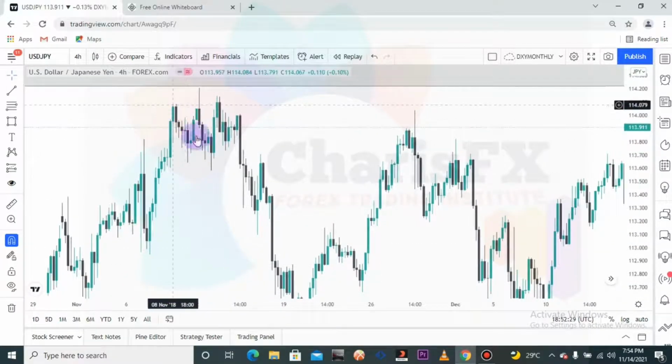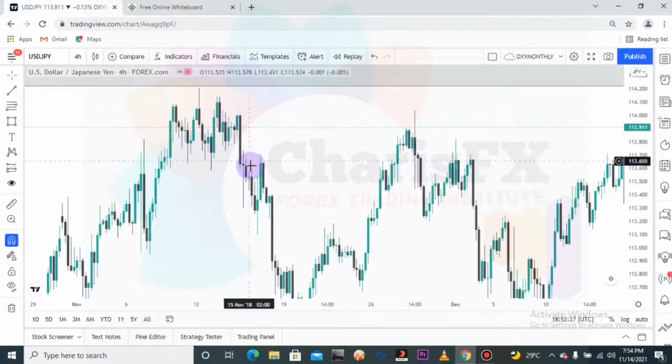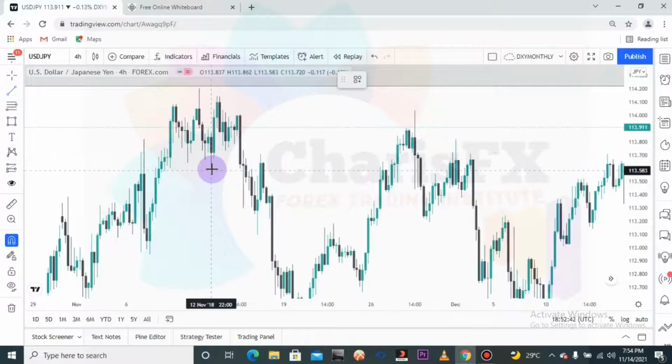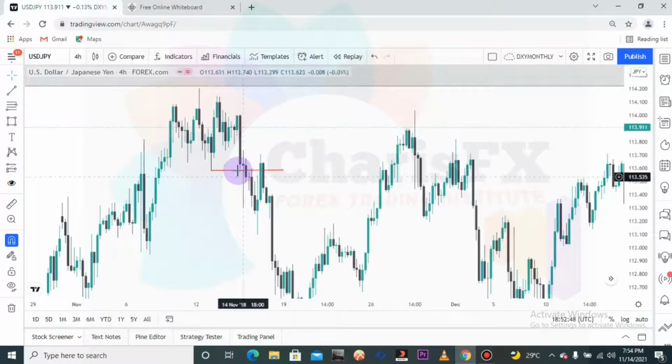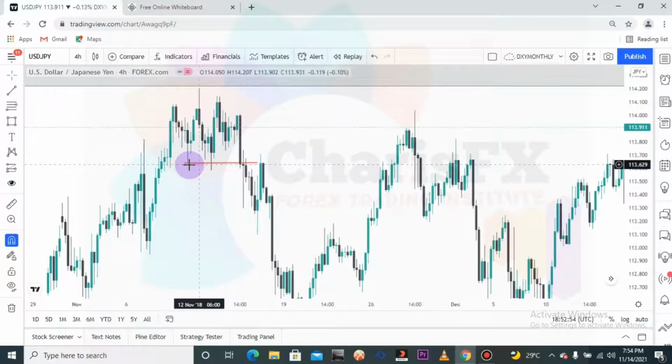Now you can see here again, when price returned to the previous order block, we still see price break structure here. This is the breaking structure. Okay, whether this or this low, this is where we have the true break of structure when the body of the candle closed below that old low.